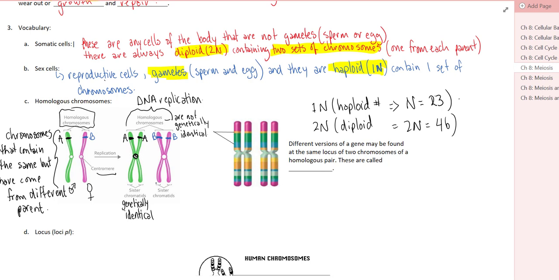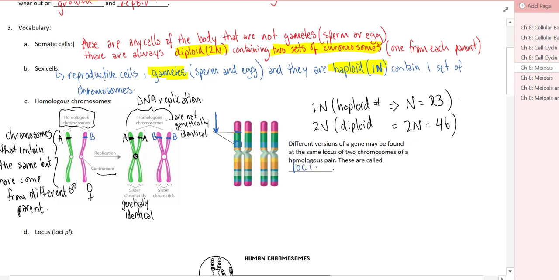And so here it shows different colors and different bands, which represent regions of a gene, right? And we might refer to these, I should have drawn my arrow up here. So these different positions of genes are what we call loci.